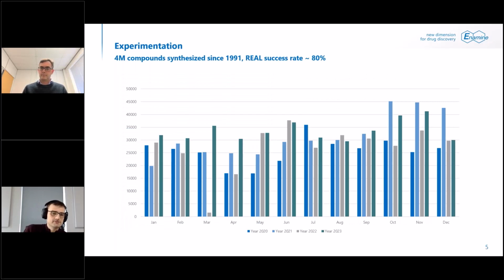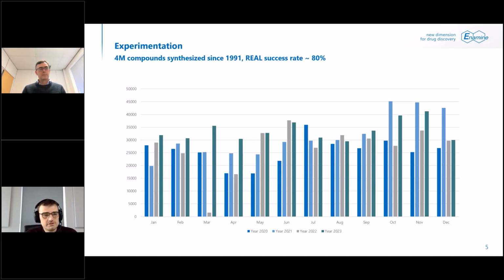Yes, so here on the slide you can see the chart which shows the number of syntheses which we performed over the last 4 years by months. And as you can see, we typically do a lot of syntheses, from 20,000 to 45,000 per month. And so by doing such a huge number of experiments, we obtained a lot of information about the reactivity of our building blocks, about the reactions.